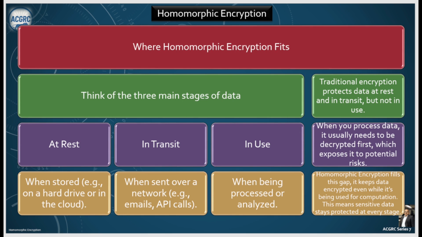Traditional encryption protects data at rest and in transit, but not during its use. When you process data, it usually needs to be decrypted first, which is where it gets exposed to potential risks.